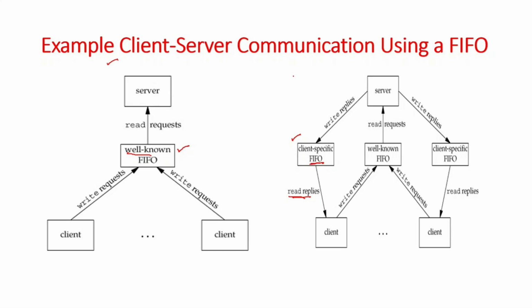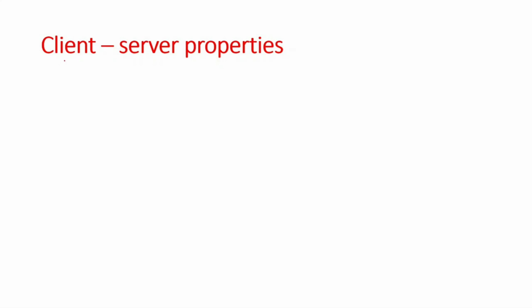Now let us consider the other mechanisms. Such a client server structure cannot be implemented by using pipes, because as we all know, pipes do not have a name. So we need some named IPC mechanisms, maybe a message queue or a FIFO or other IPC mechanisms like semaphores and shared memory.